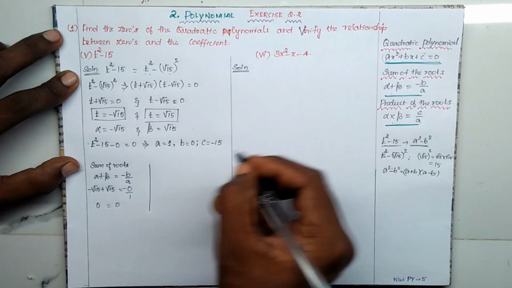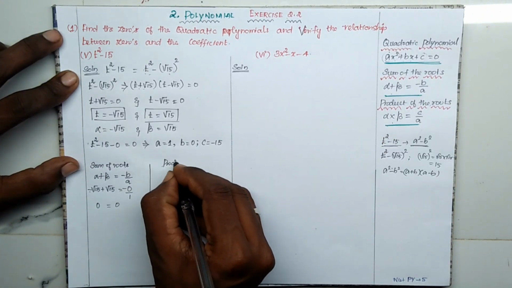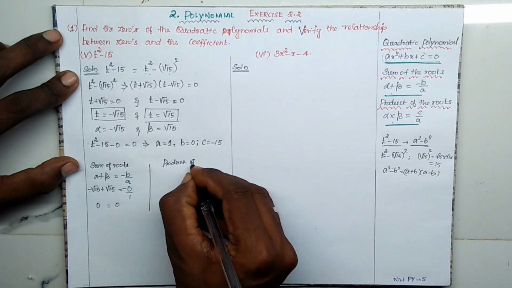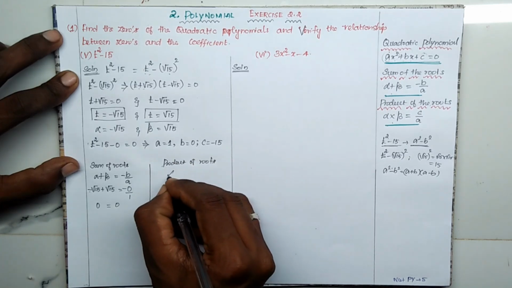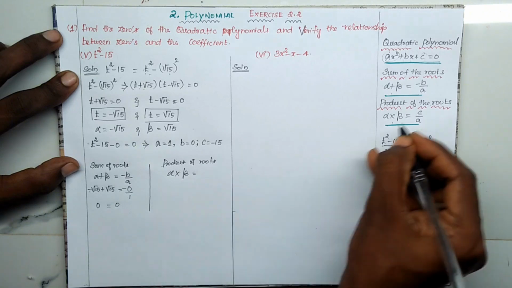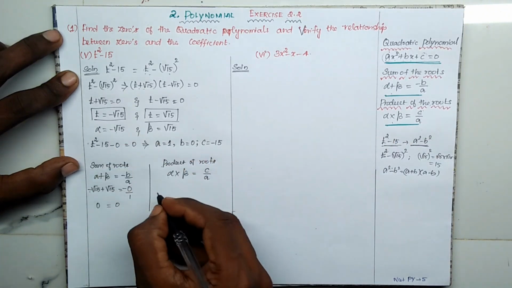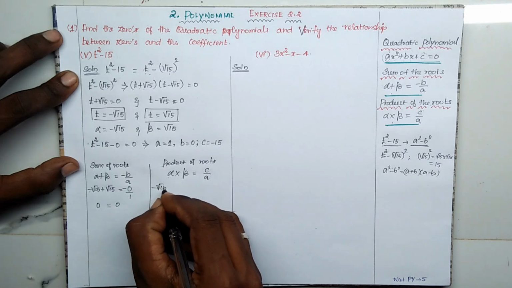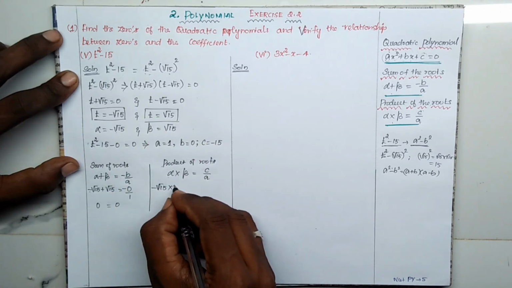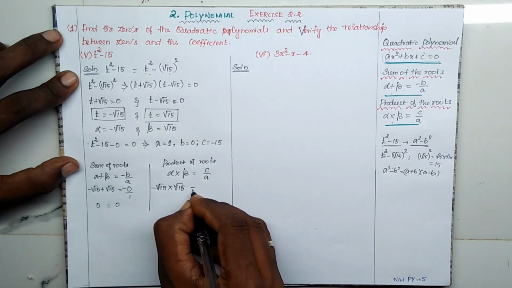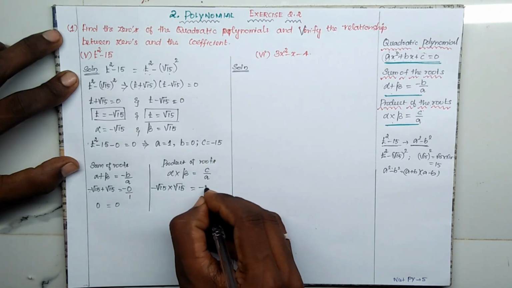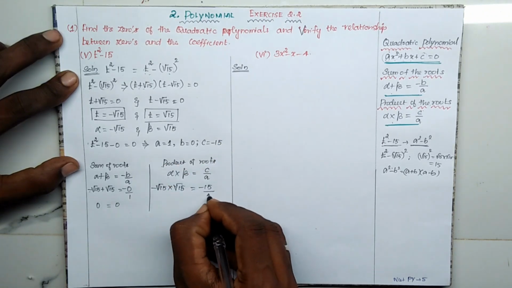Now we have to go for the product of the roots, alpha into beta. Alpha into beta is equal to c divided by a. Alpha is minus root 15 and beta is plus root 15. Now the value of c is minus 15, and a is 1.